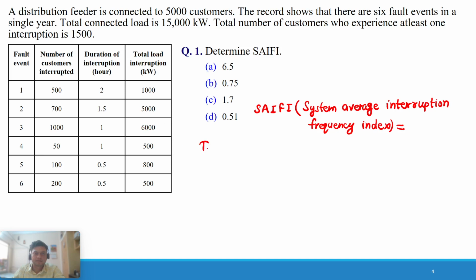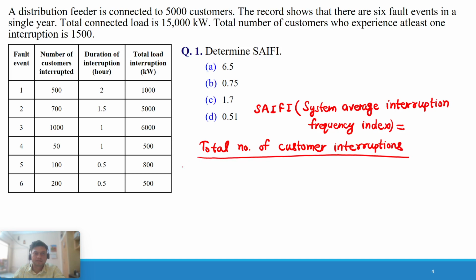So SAIFI is defined as the total number of customer interruptions divided by the total number of customers served.